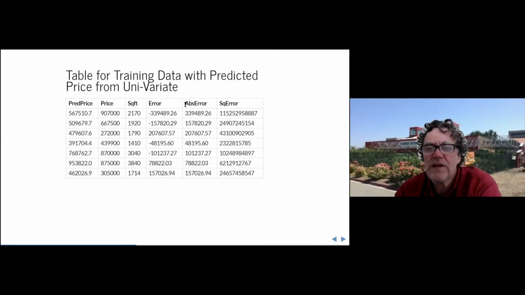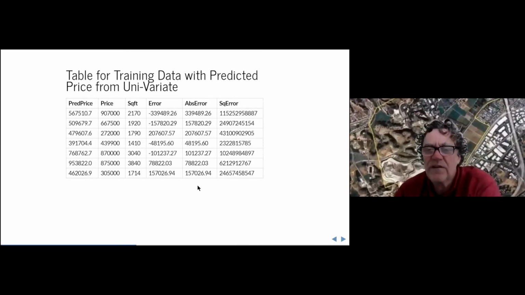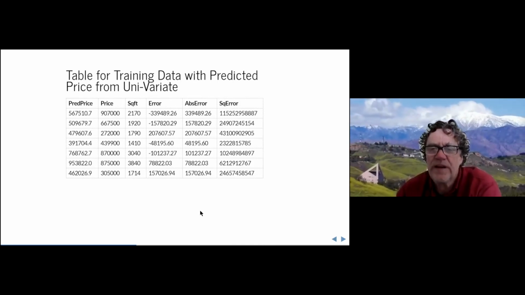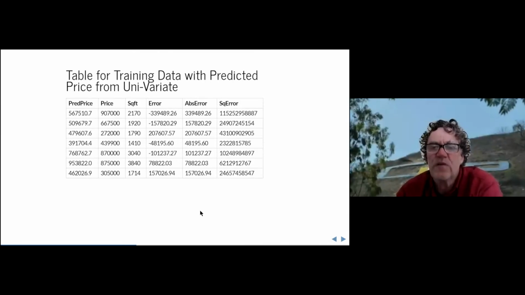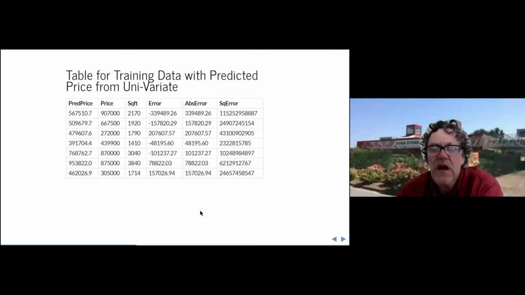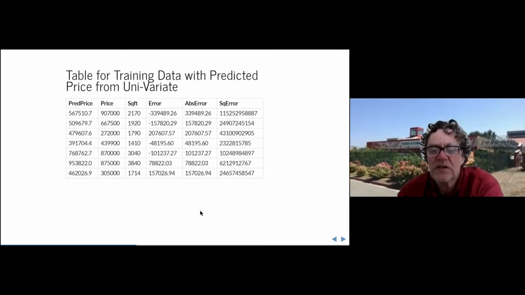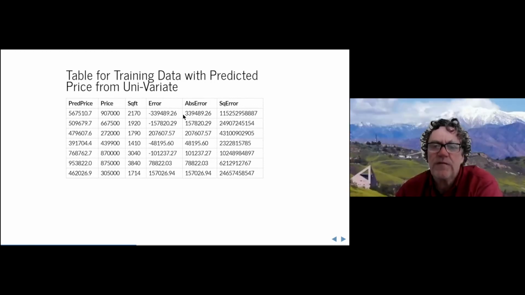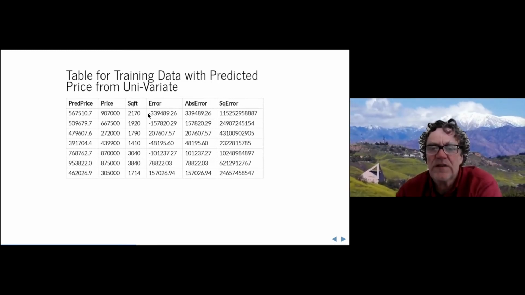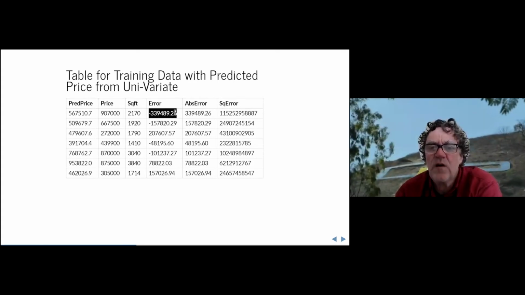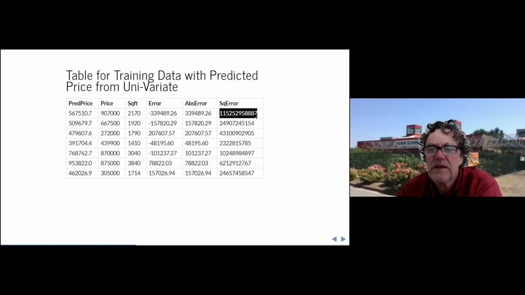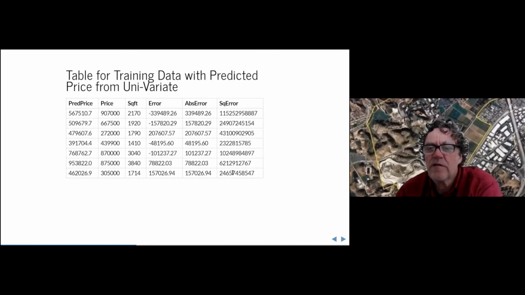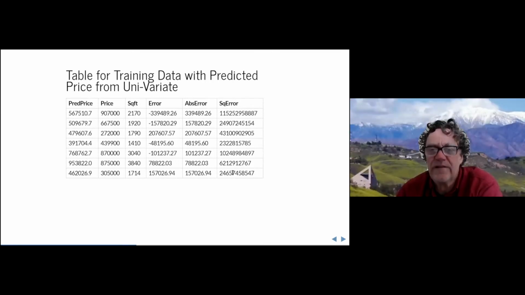Now, if I add up the absolute errors over the whole column and divide by the number of records, I get the mean absolute error. That shows me how much, on average, I'm estimating incorrectly. Another way of getting rid of the negative sign is to square all my errors. If I take the average of that, I get the mean squared error.